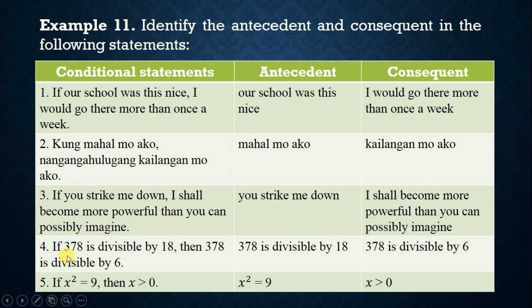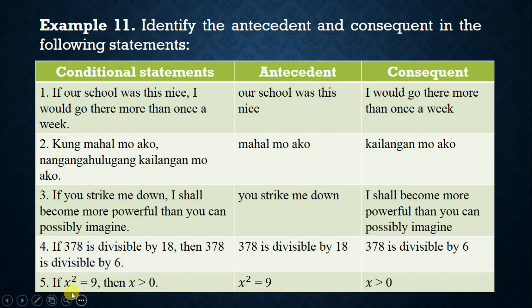And number 4, if 378 is divisible by 18, then 378 is divisible by 6. So the antecedent is 378 is divisible by 18, and the consequent is 378 is divisible by 6.